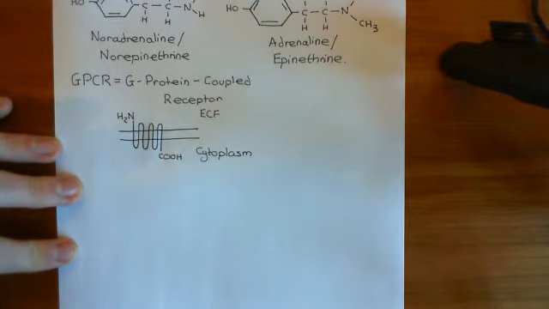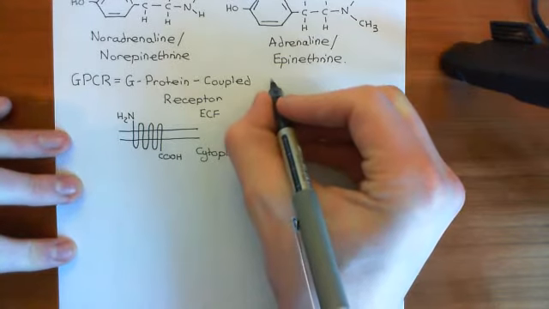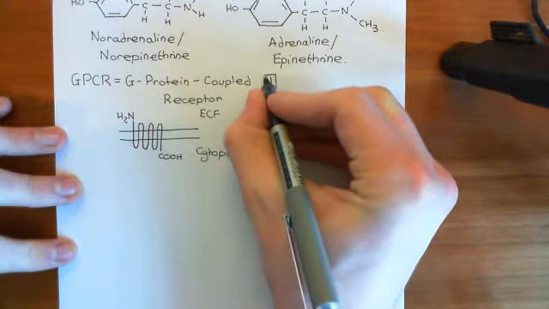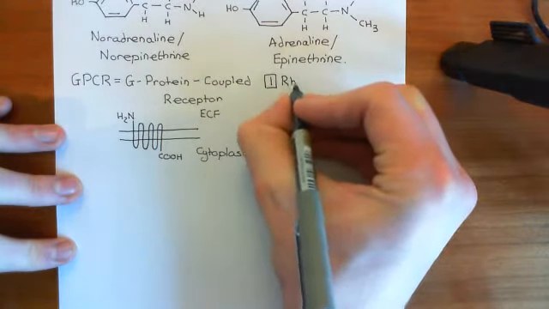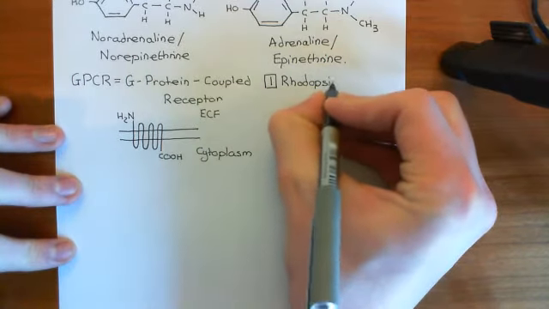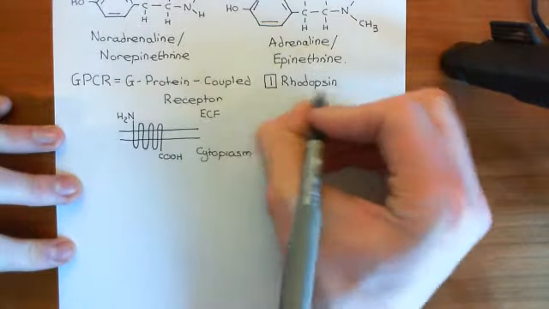Okay. Now, G protein coupled receptors are split into 5 separate families, and the main family of G protein coupled receptors is the first family that we'll discuss here, so family number 1, and this is the rhodopsin family of G protein coupled receptors, named because it contains rhodopsin, which is a photoreceptor used in the eye.